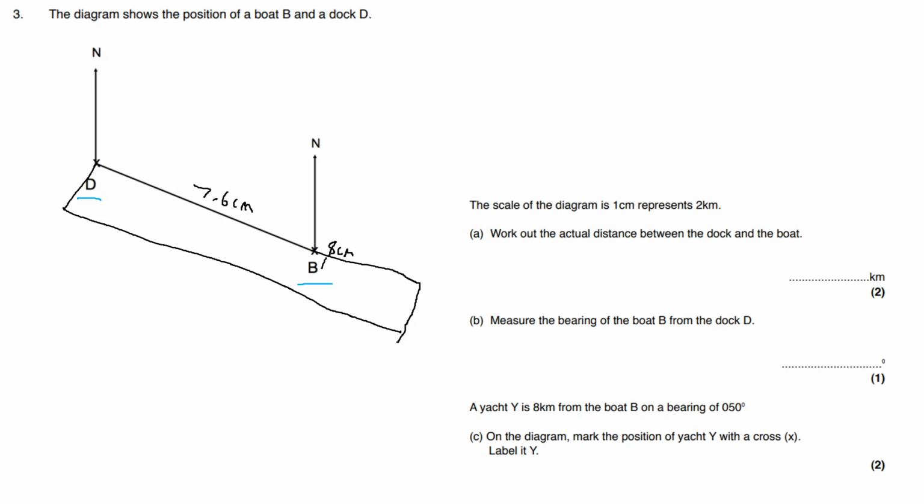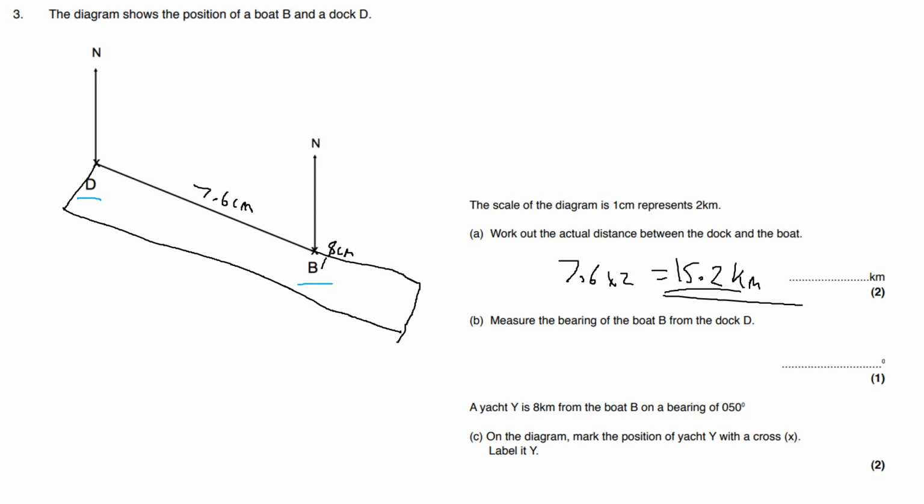So we're told that 1 centimeter represents 2 kilometers. So the actual is just going to be 7.6 times 2, which is equal to 15.2 kilometers. I should have put it there, but hey, that works as well.